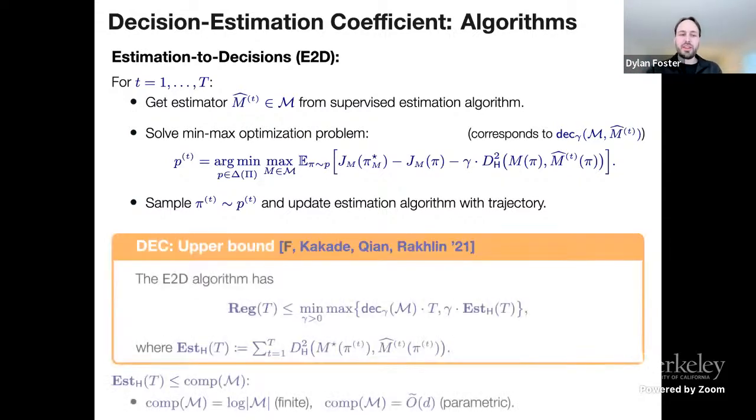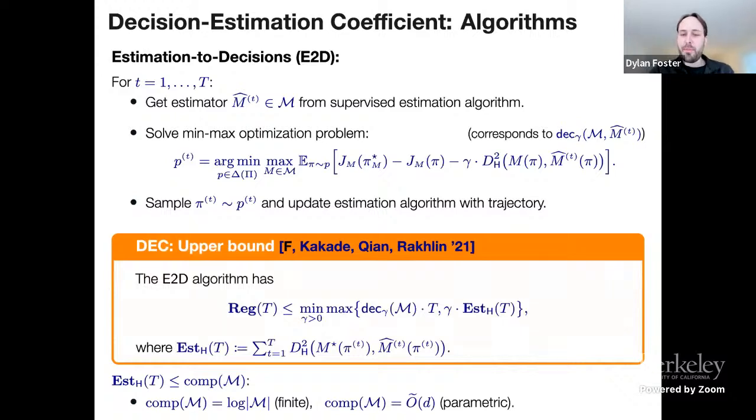What you can show is that this strategy achieves a regret bound that matches the lower bound I showed on the previous slide, up to the addition of an extra term that corresponds to how well your supervised estimation algorithm is doing. We have this term Est_H here.